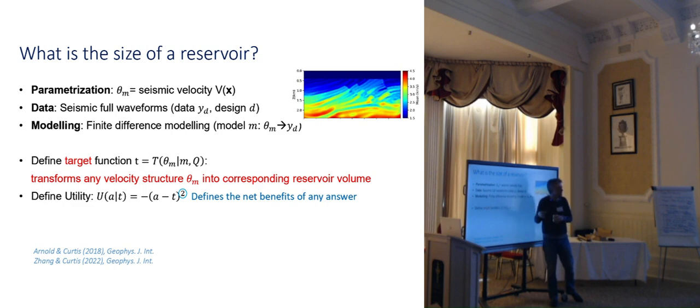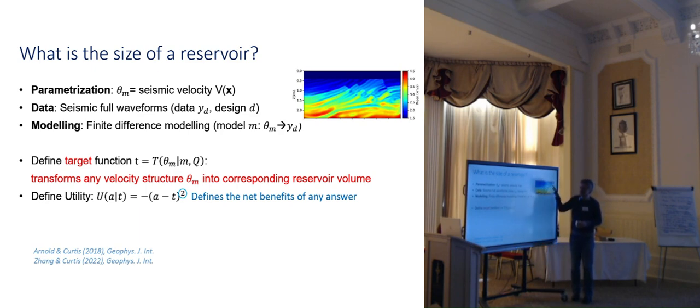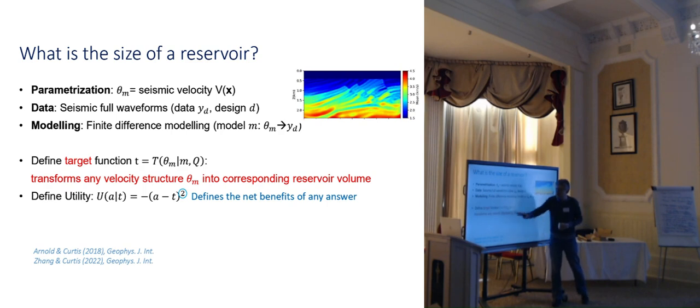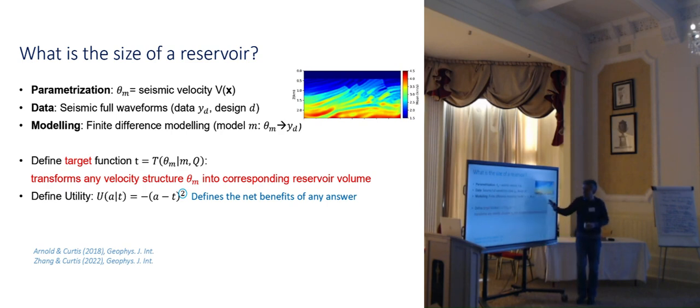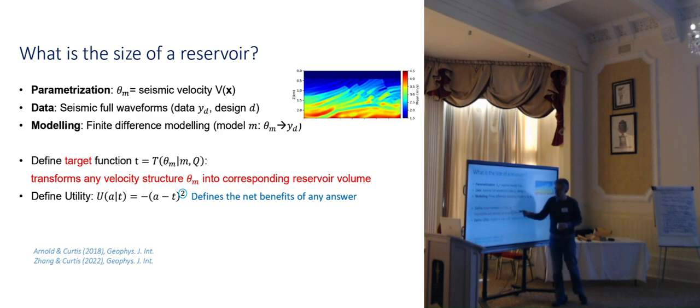It doesn't have to be directly an answer, but it's something from which we can start to answer the question given a particular set of parameter values. So in this case, it will transform the velocity structure into the corresponding reservoir volume. Very simple in this case. So it's just going to be a transform. We'll come back to that later because that turns out to be difficult.